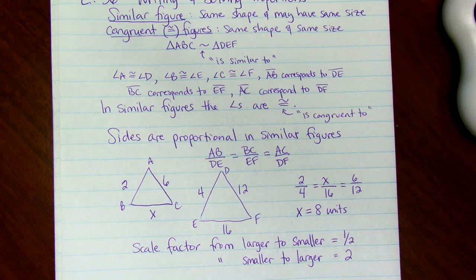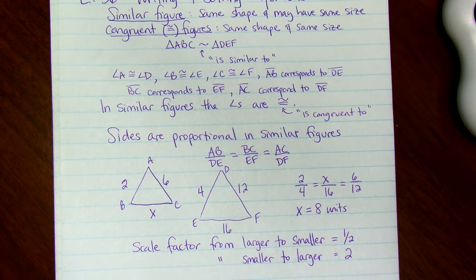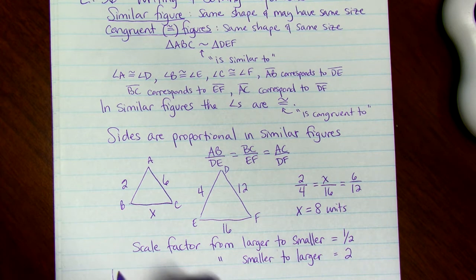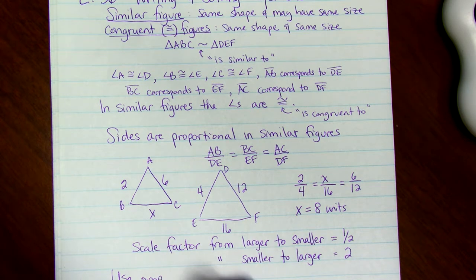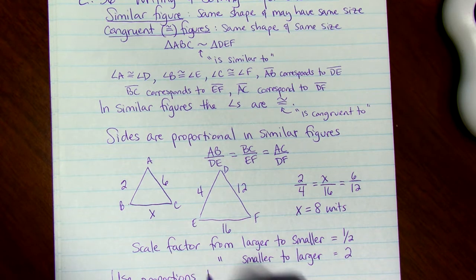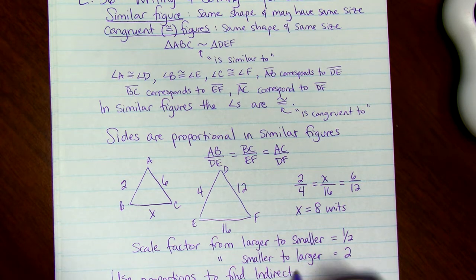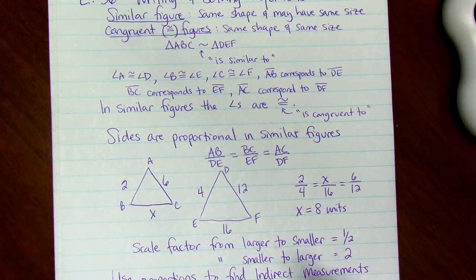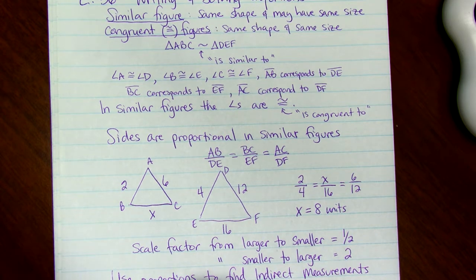Now we can use proportions to find indirect measurements. So let's say we had a super tall flagpole.